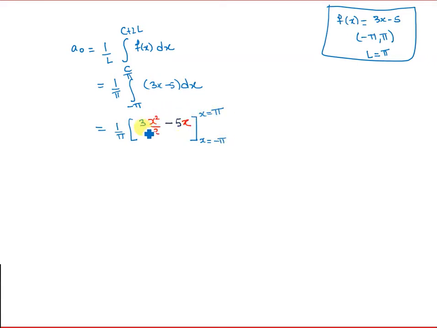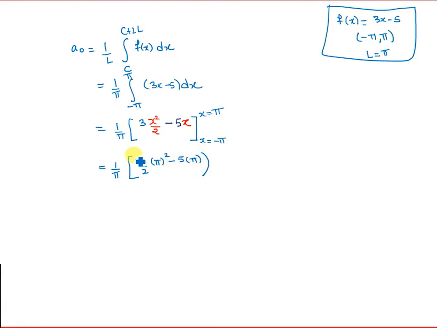Now we have to replace the values of x with pi and minus pi. So this will give you 1 over pi, 3 over 2 together, this is pi square minus 5 times pi.